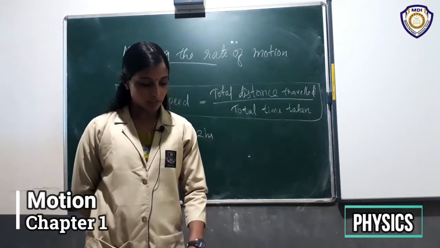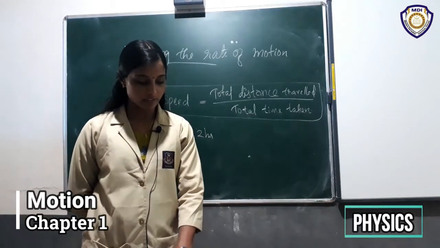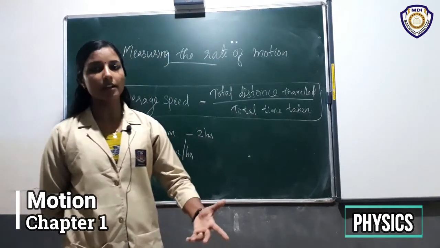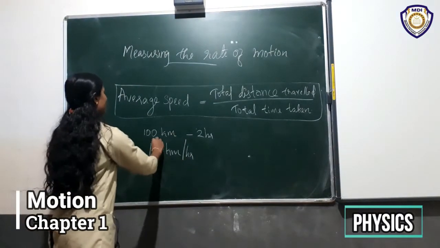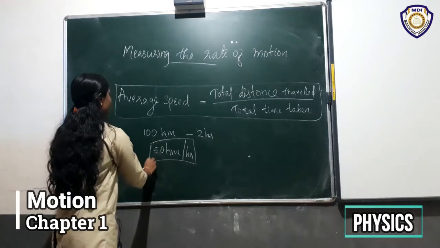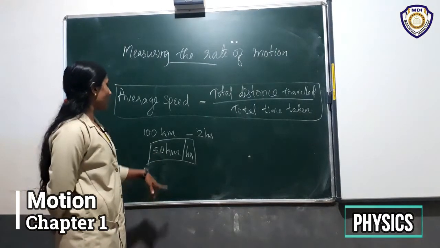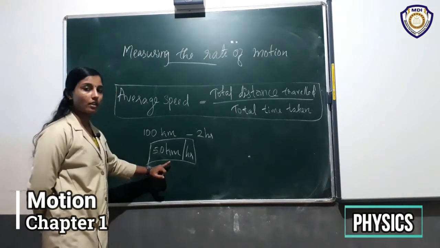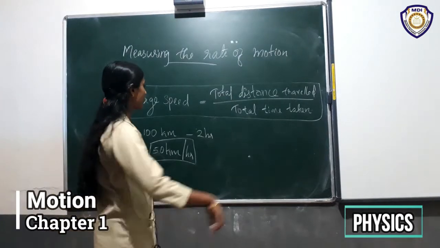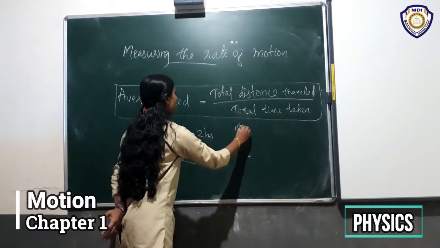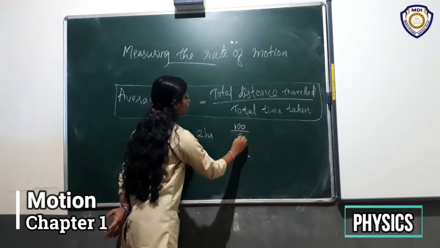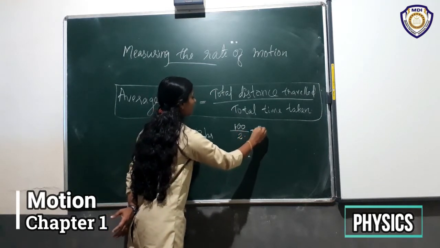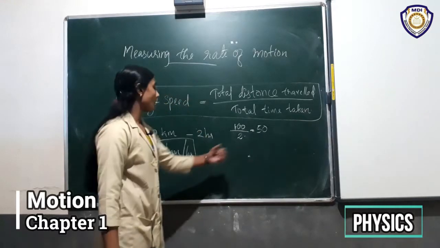The car might not have travelled at 50 km per hour at all times. The total distance travelled per total time taken is 50. This is the average speed.